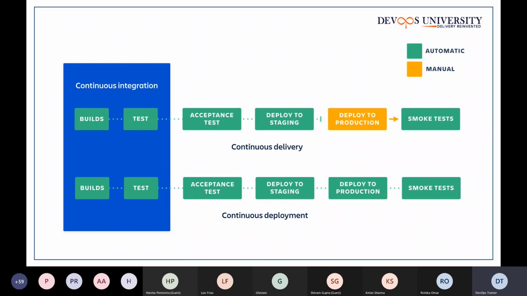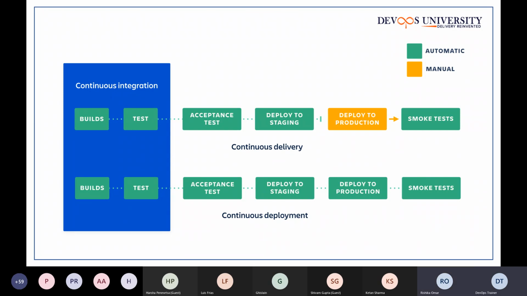If you can see on this screen, continuous deployment is something where in a single shot itself you are going for the build, test case executions, the acceptance test, or the different kinds of test cases you are going to execute. So in a single shot you are going through the different stages and steps.